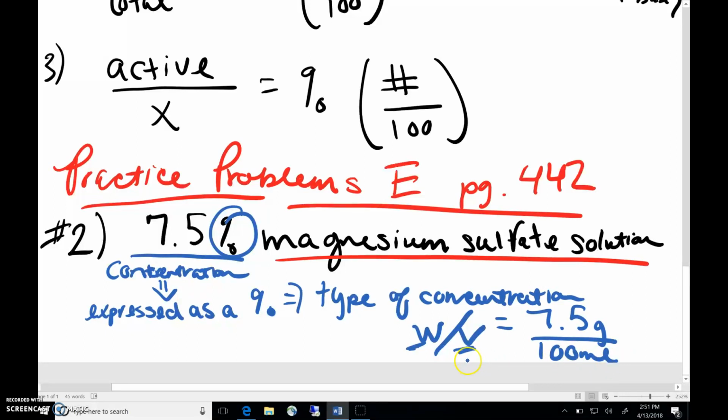The volume, because it's a weight to volume type of concentration. That percent sign is 100, and the unit for that 100 is milliliters. Why? Because our percent is 100, so that volume should be in milliliters, 100 milliliters.